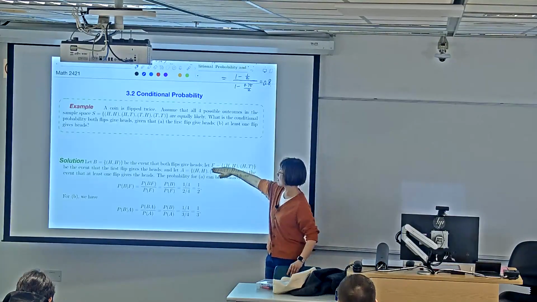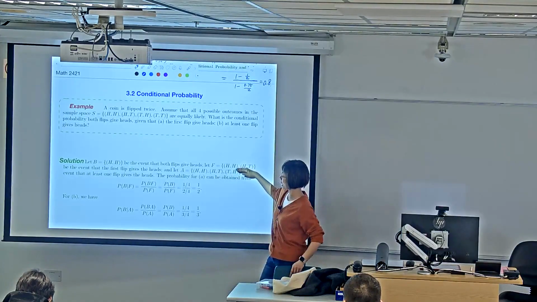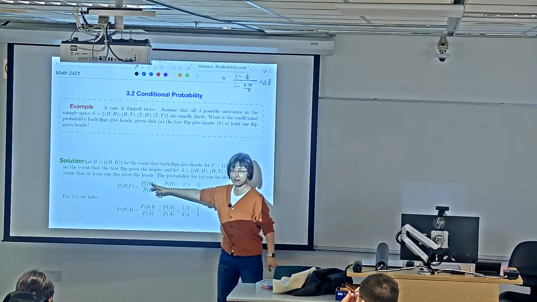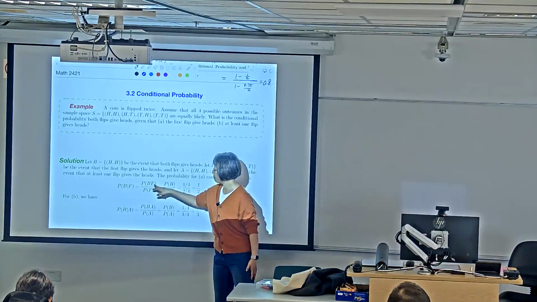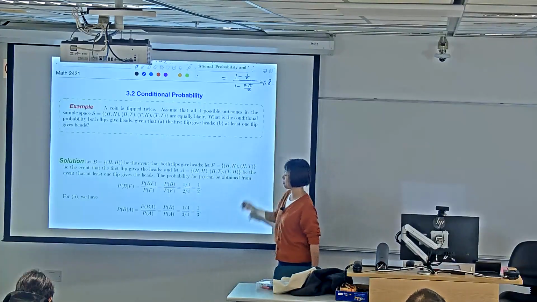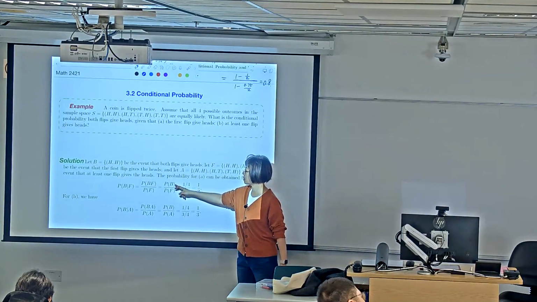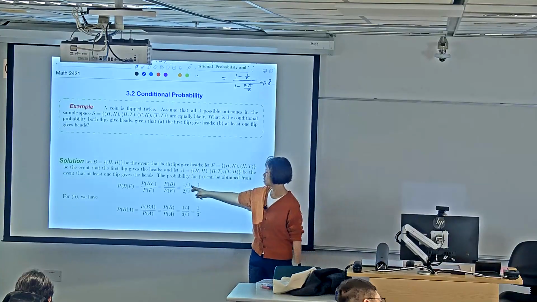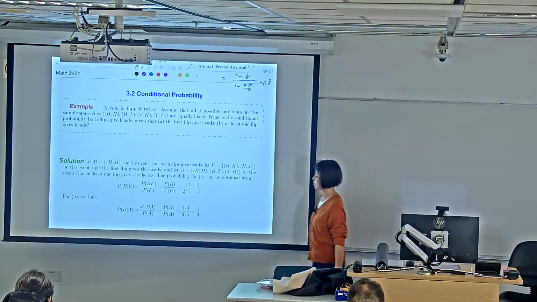So if you view this F as a new sample space, look for the head-head within it. This is just 1/2. Or you can use the definition for conditional probability. This probability B given F is the probability B intersect F divided by probability F. This is the probability of B because B is contained in F. So it's 1/4 divided by 2 quarters to get the same answer.